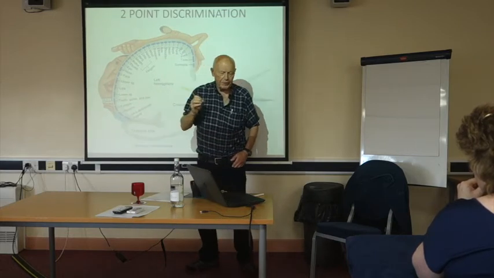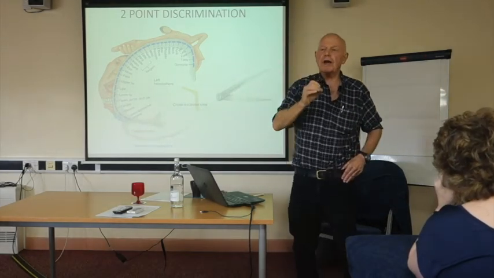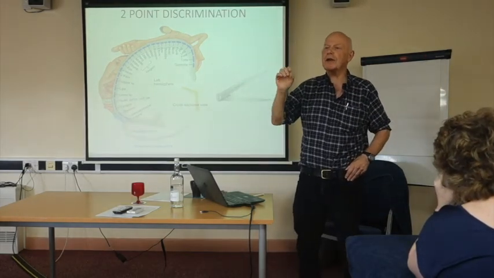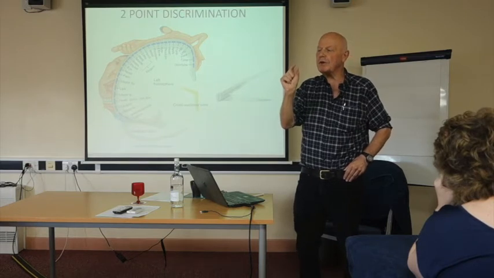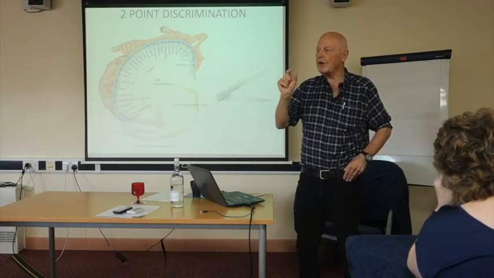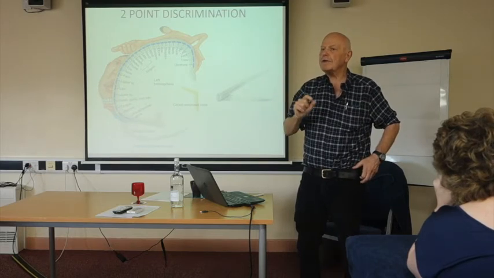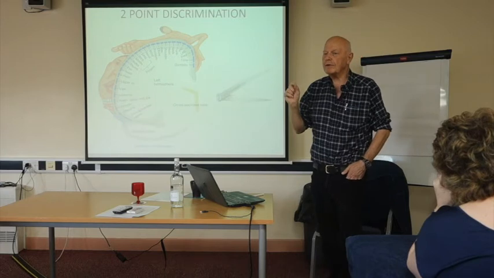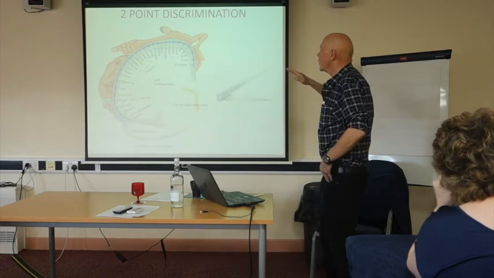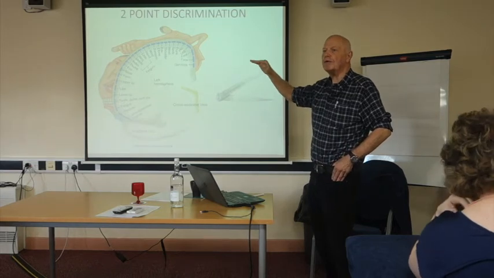So the areas that have got the most neurological supply mapped onto the cortex will be able to tell you that 2 touches are separate when they're very, very close together, whereas in someone's back they might be that far apart. So if you're going to use 2-point discrimination, you need to know what to expect where you're actually using it at what part of the body.